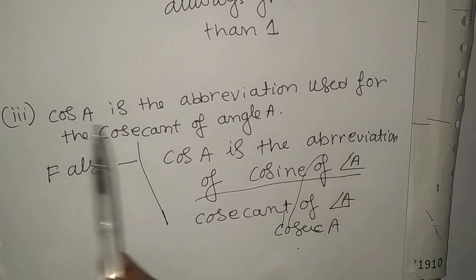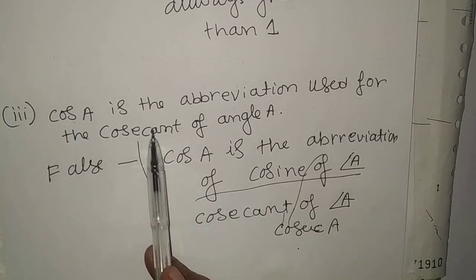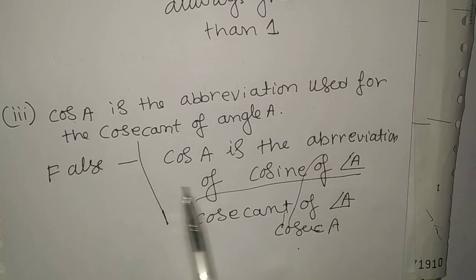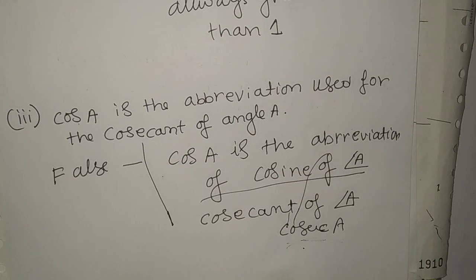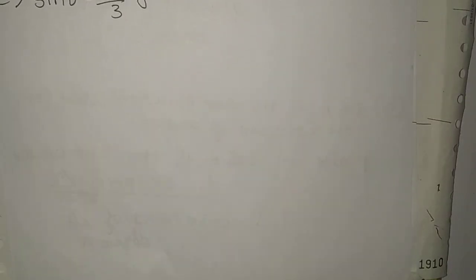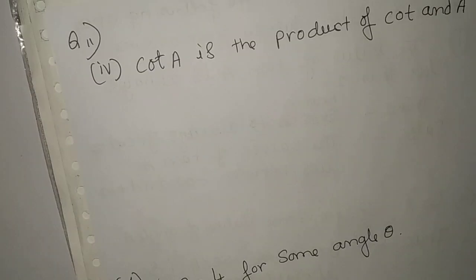They are asking that cos is the abbreviation used for cosecant A. No, this is false. Cosecant is this one and cos is this one, cosine of A.